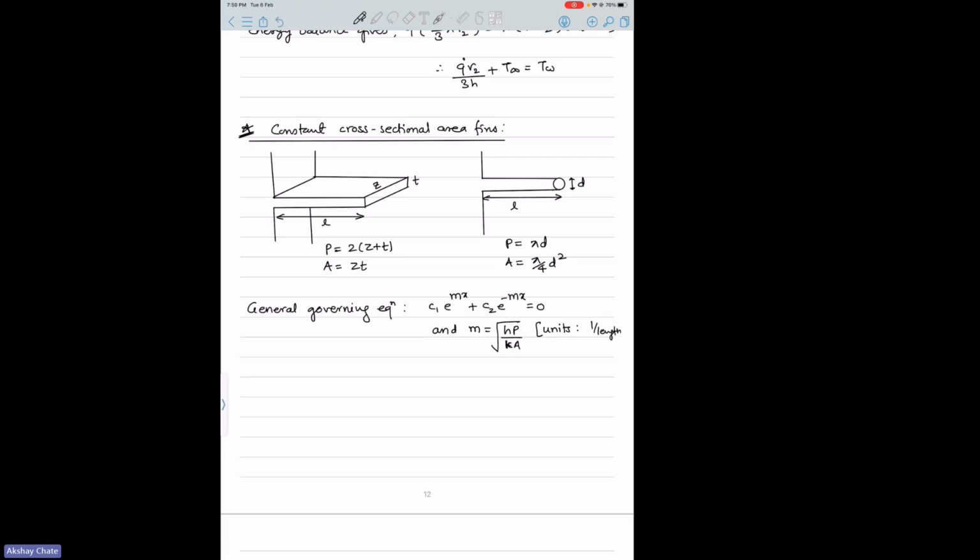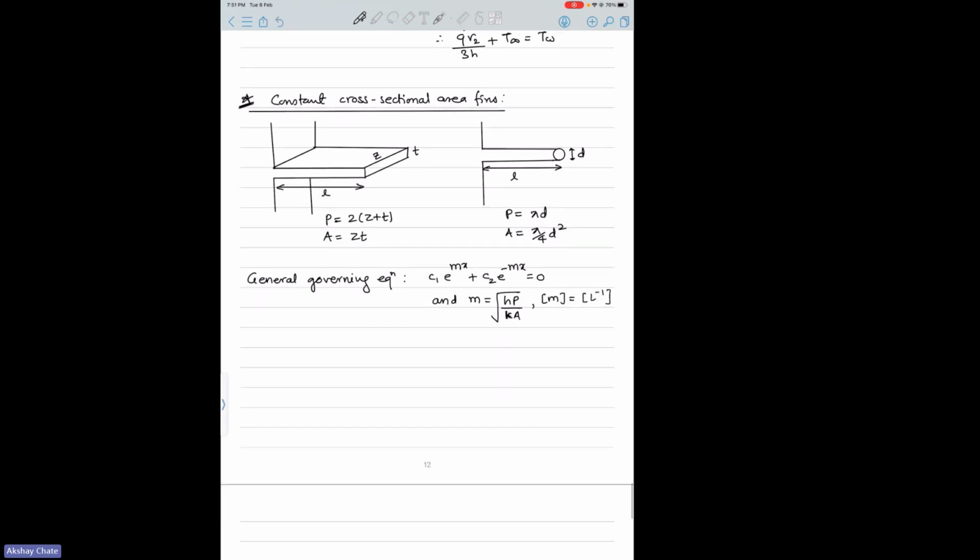Or maybe I can write it this way because this question is also asked sometimes. The dimensions of m are nothing but L power minus 1. Is it so? One second. h is watt per meter square Kelvin.